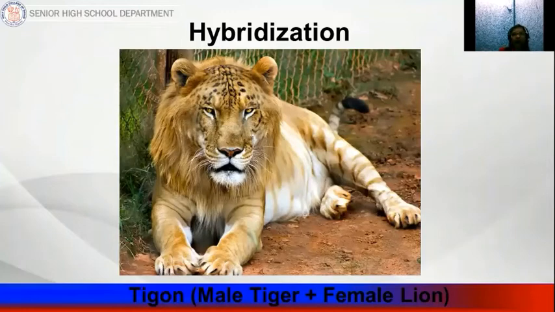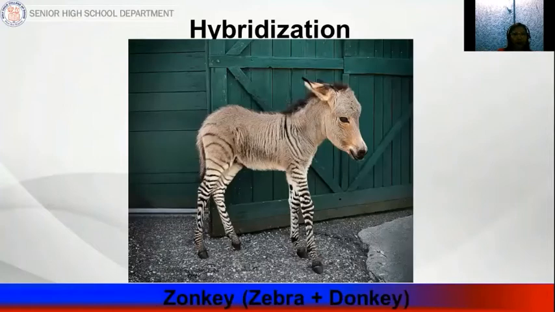So a tigon is a male tiger, okay, plus a female lion. So it inherits the traits from a tiger and the traits from a lion. So this is now a breed from a lion and a tiger. We have named it tigon. Okay, we also have zonkey.